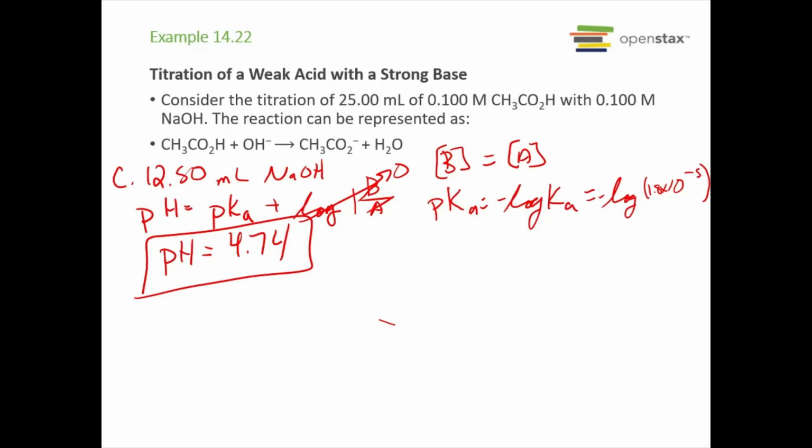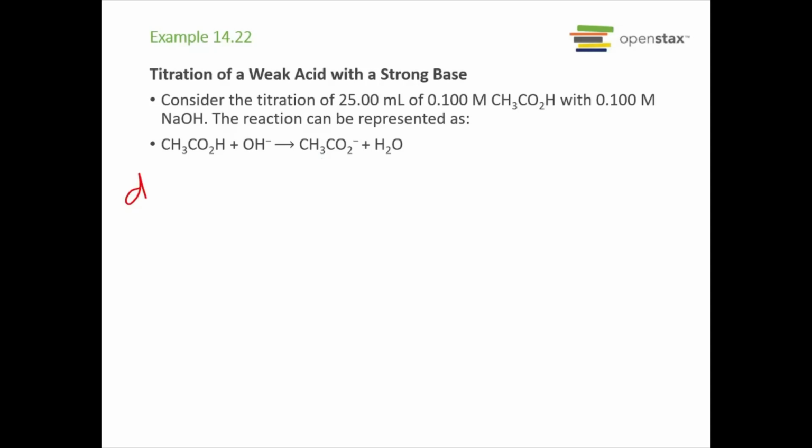All right, and then part D, we have 37.50 milliliters of sodium hydroxide. So here now we've reacted all of the acetic acid away. So sodium hydroxide is all that's left now to control the pH. We're not even worrying about the acetate ion either.